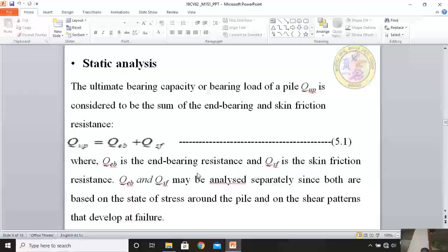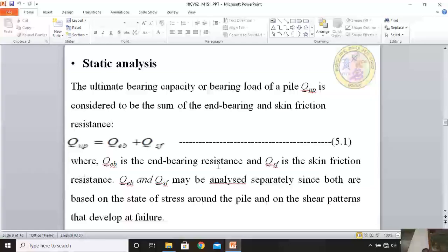Based on these definitions, the equation is given by Qup = QEB + QSF. This is equation 1, where QEB is the end bearing resistance and QSF is the skin friction resistance.